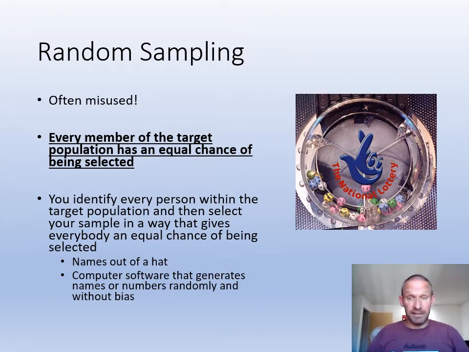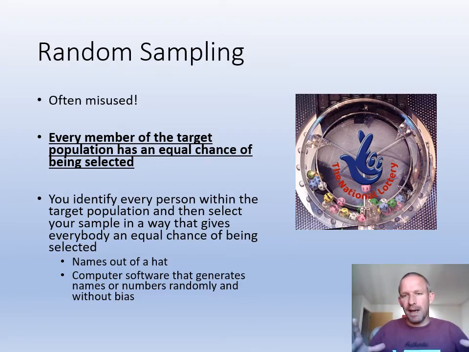So you identify your target population. I'll work through an example in a bit. You identify your target population, and then you find a way of giving everybody in that population an equal chance of being selected. Now I've given the image of the National Lottery machine there. I don't know, is it 50 balls in there? I'm not sure. But each one of those has an equal chance. So imagine there was 50 people in your population, obviously a very small population, but go with it.